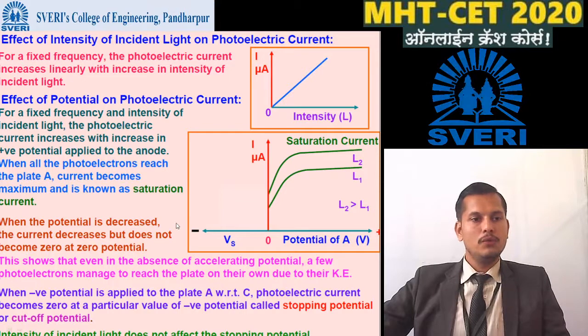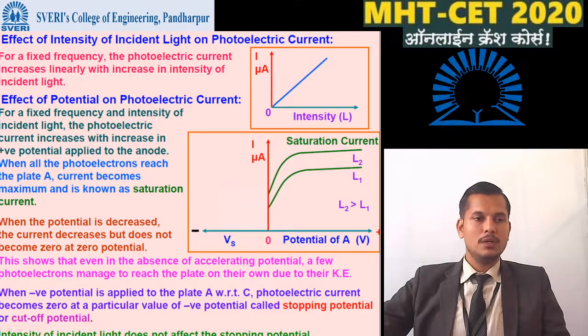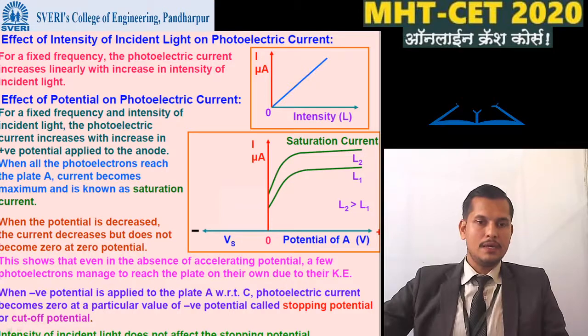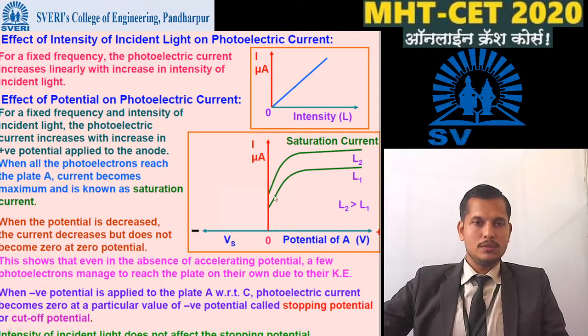When all the photoelectrons reach the plate A, current becomes maximum, which is known as saturation current, as shown in the graph. When the potential is decreased, the current also decreases, but it does not become zero at zero potential. So it reaches up to this point.